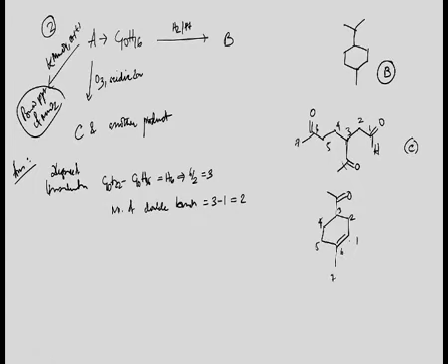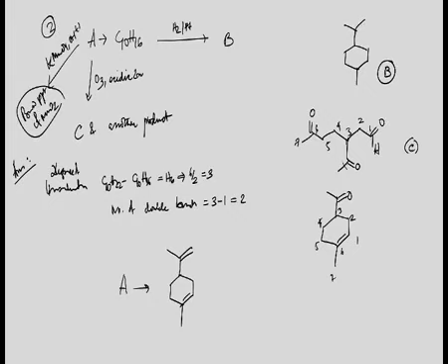What happens? This 1 and 6, here you put the double bond, under ozonolysis it will give this. Now, this is the carbonyl group here, and if you put a double bond here, then the framework will be ready. So, the structure of A is this, because you have to put a double bond, one carbon you have to bring.